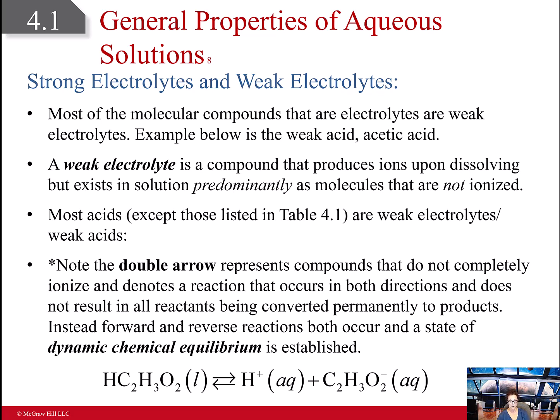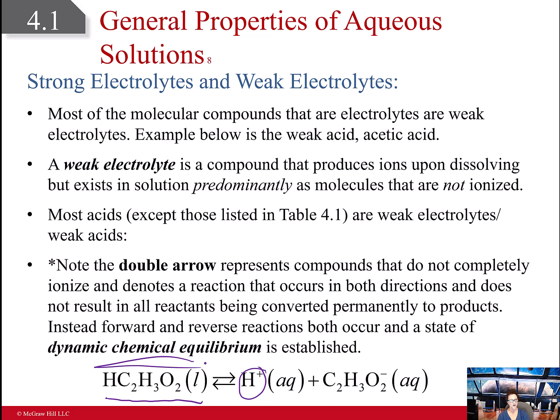Most molecular compounds are going to be weak electrolytes. A weak acid, such as acetic acid, not on the strong list, is going to ionize partially, but a lot of it is going to remain in its molecular form.